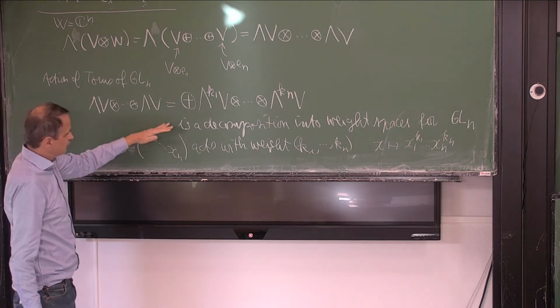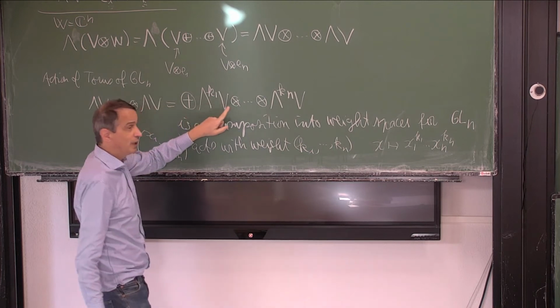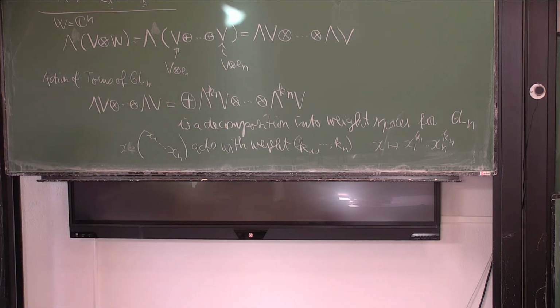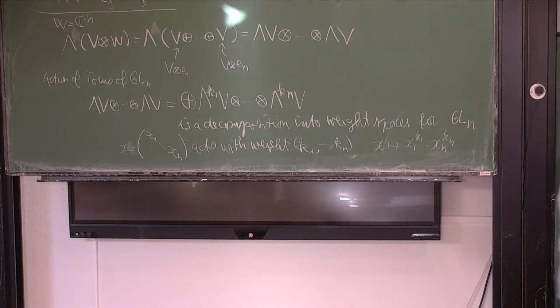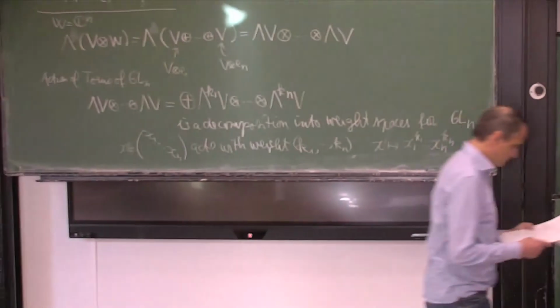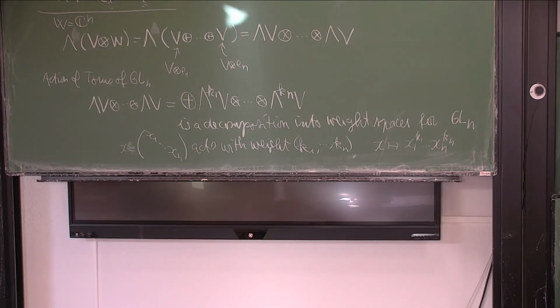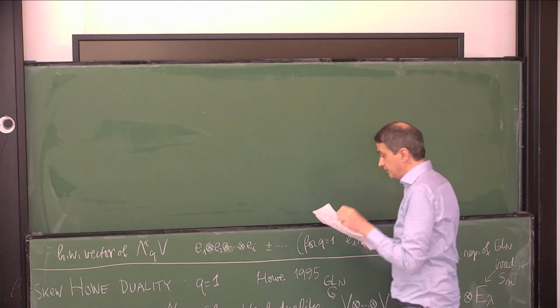But for the Schur-Weyl duality you want to take first of all k1 equal to kn equal to 1, and you want to preserve that. What happens is that there is a subgroup of this GL_n, the symmetric group, the Weyl group if you like, which acts and preserves this weight space.